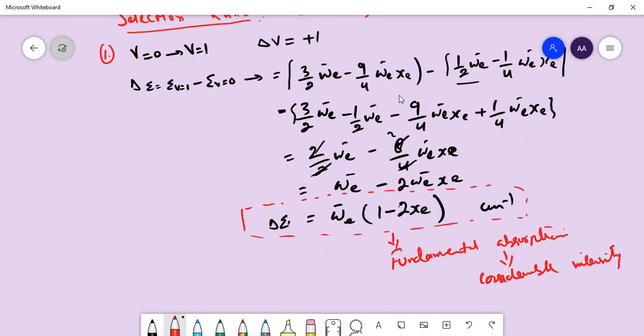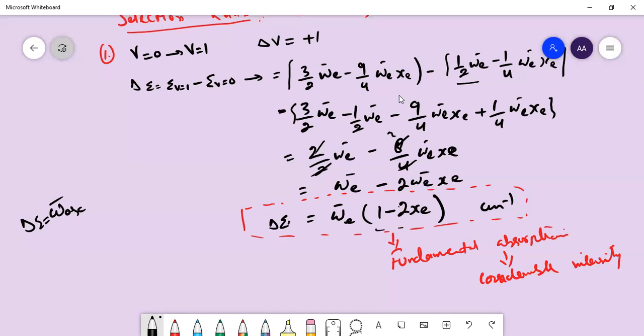So this differs. Here, in the case of the harmonic oscillator, we have got that delta E is equal to omega_e bar. However, in the case of anharmonicity, we have omega_e bar, but along with it we have the second term, 1 minus 2x_e.